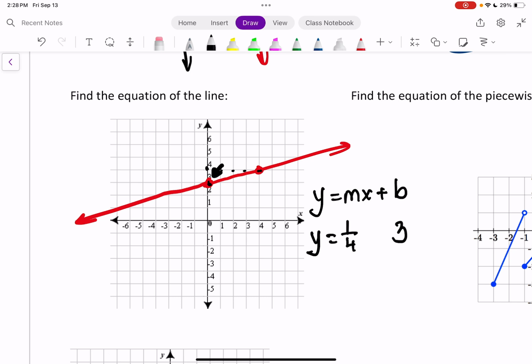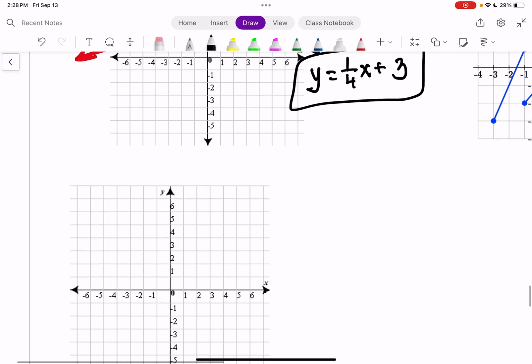So it's 1/4. Don't forget to write the x. An equation of a line should have an x and a y, unless, of course, their coefficients are 0, but none of them are 0. So y equals mx plus b. Read the m and read the b, and you're good to go.